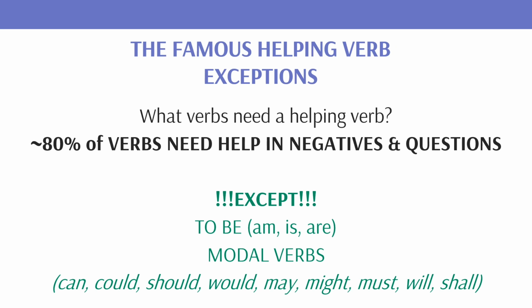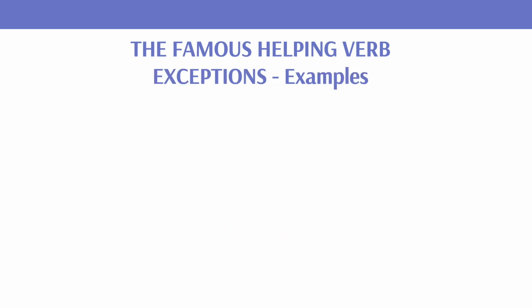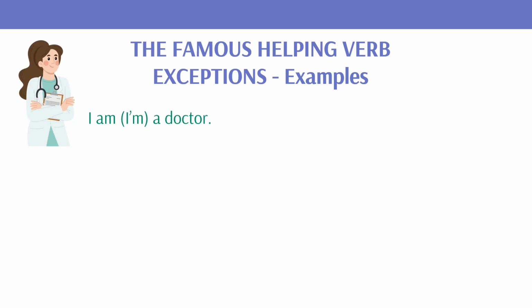Here are some examples, Beispiele of the exceptions, der Ausnahmen. I am a doctor. Verkürzt I'm a doctor. Ich bin eine Ärztin. I am not a doctor oder verkürzt I'm not a doctor. Am I a doctor?